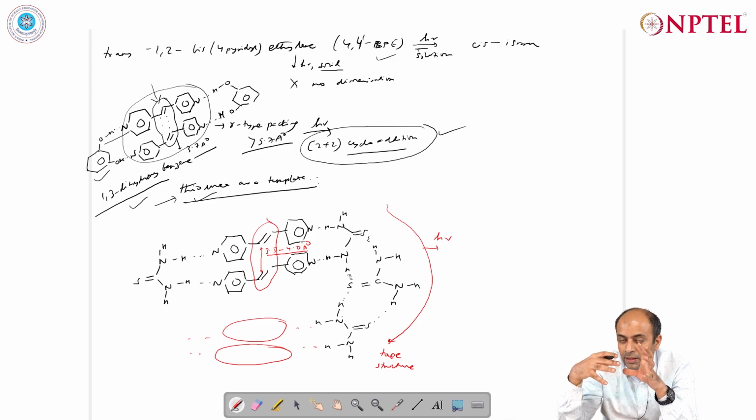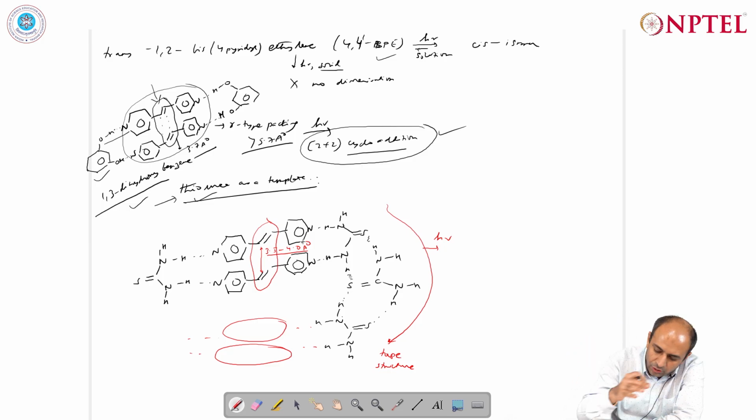However, if the product formation happens in a way that the final product involves minimum change in shape, and the final shape is nicely accommodated in the host structure, in the parent lattice, then the corresponding reactions will proceed in a facile way. So the environment has a very important effect on bringing about these cycloaddition reactions of photodimerization. So let us look at the effect of the environment.